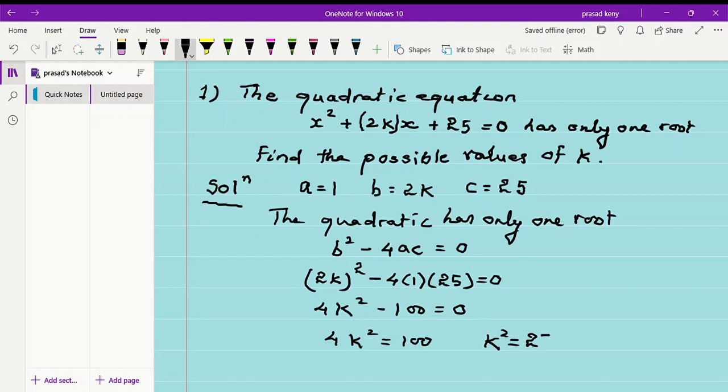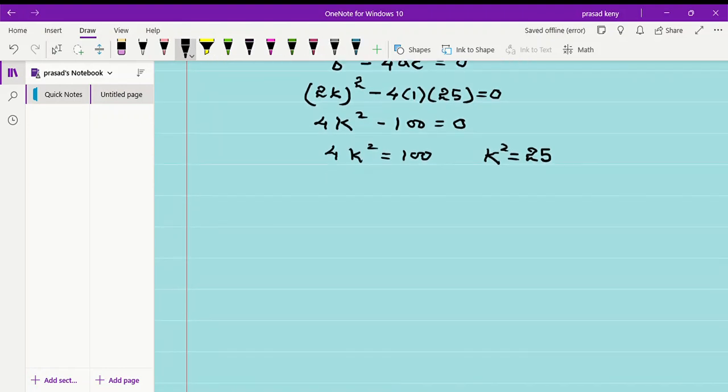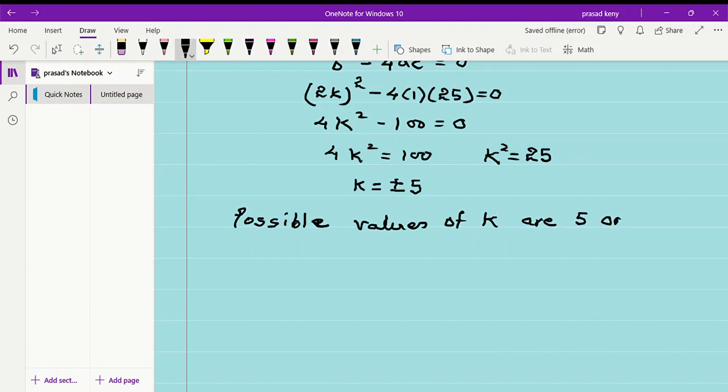So now take the square root, and when you take the square root, keep it in mind that square root can be positive or negative. So k can be plus or minus 5, and hence possible values of k are either 5 or negative 5.